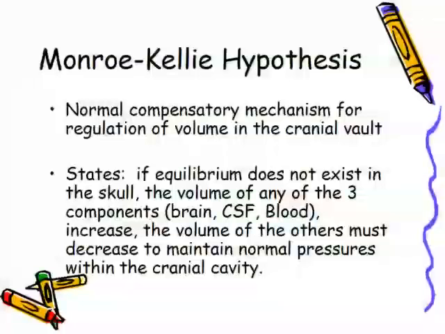So, for example, if you have cerebral edema, the brain is swollen due to injury or infection or whatever reason, something's got to give. There's only so much space in there.